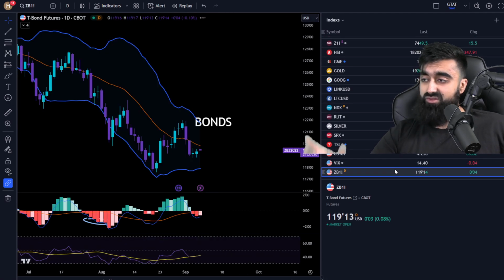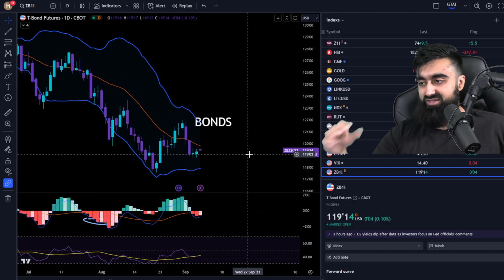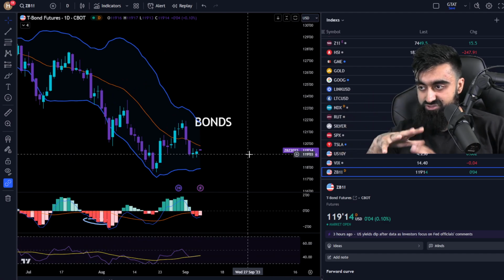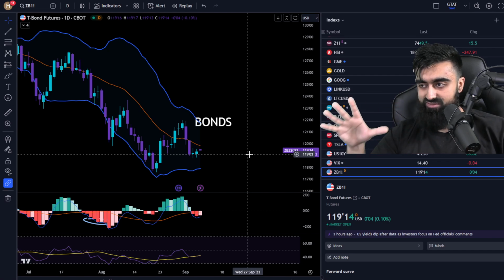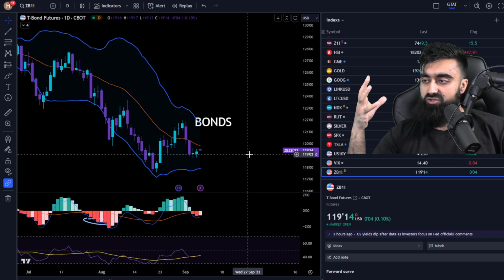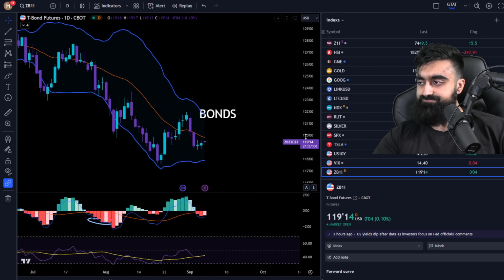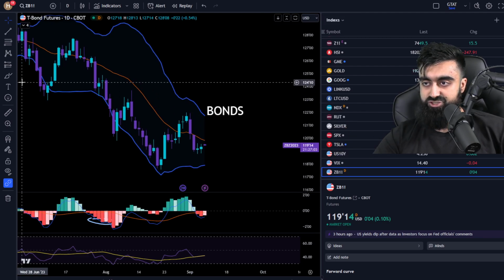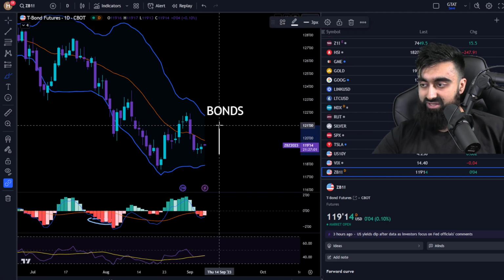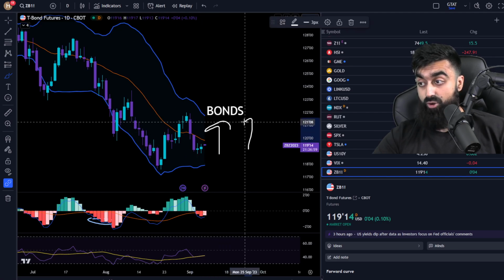And then we have to take a look at the bonds, and after this, the VIX. So right now the bonds aren't doing anything crazy. And we know that the bonds have a more correlated relationship to the market. If the bonds are doing well, then the overall market should also be doing well.